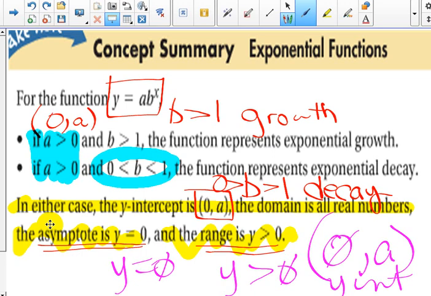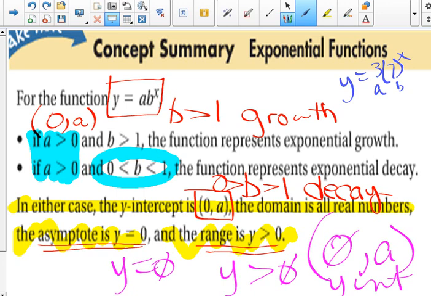What's our a value in number 5? And for those at home, y is 3 times 7 to the x power. So what's my a value? 3. What's my b value? 7. So a is positive, so we're good there.